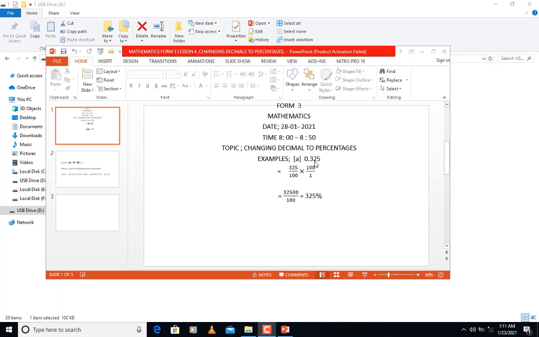If you count the number of digits after the point and it is 2, it means over 100. If it is 1, it means over 10. So in this example, 0.325, there are 3 digits.